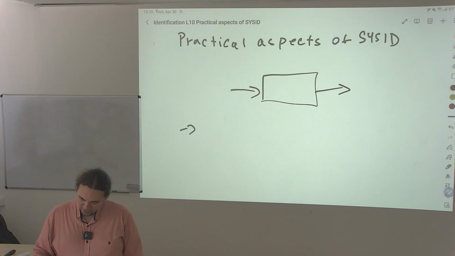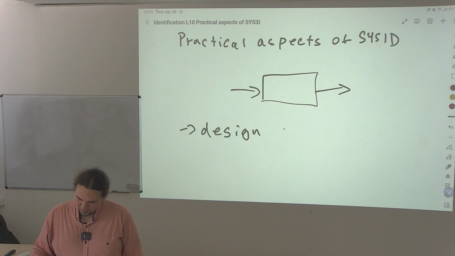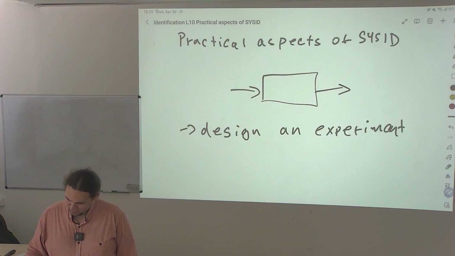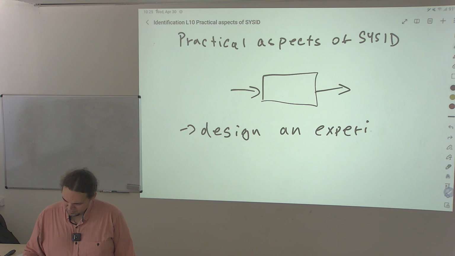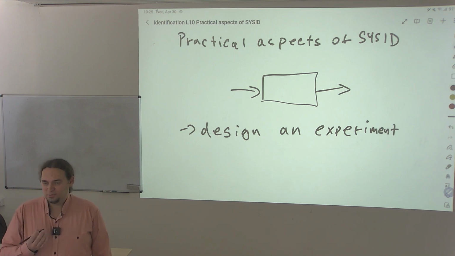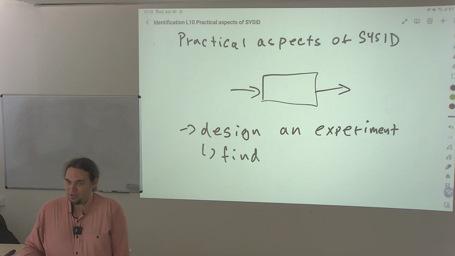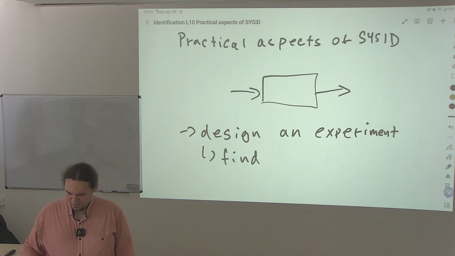So basically, what you are trying to do is to say, I'm going to design an experiment. I need to find what inputs I'm providing.